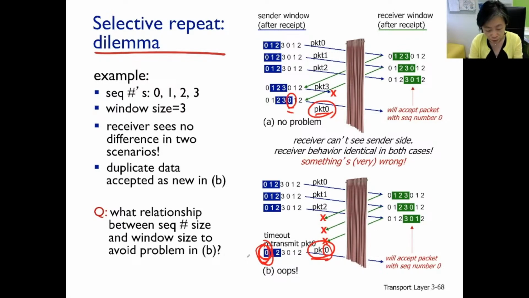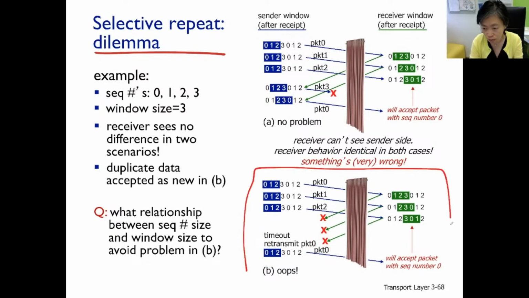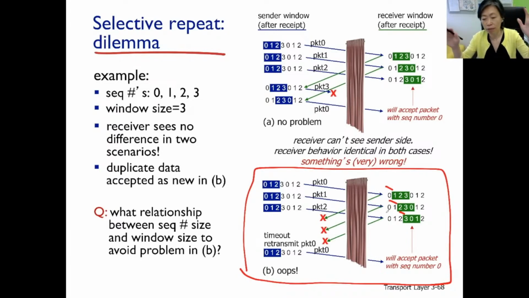And no worries, if you look at this, case number 2, case B here, is already the worst case that I'm illustrating. So in this case, we're seeing that the receiver is advancing the receiving window one after another. So the receiver is saying, hey, everything is okay, let's move on. But sending side here, not getting any ACK back, hesitates and waits and waits and waits and not moving.